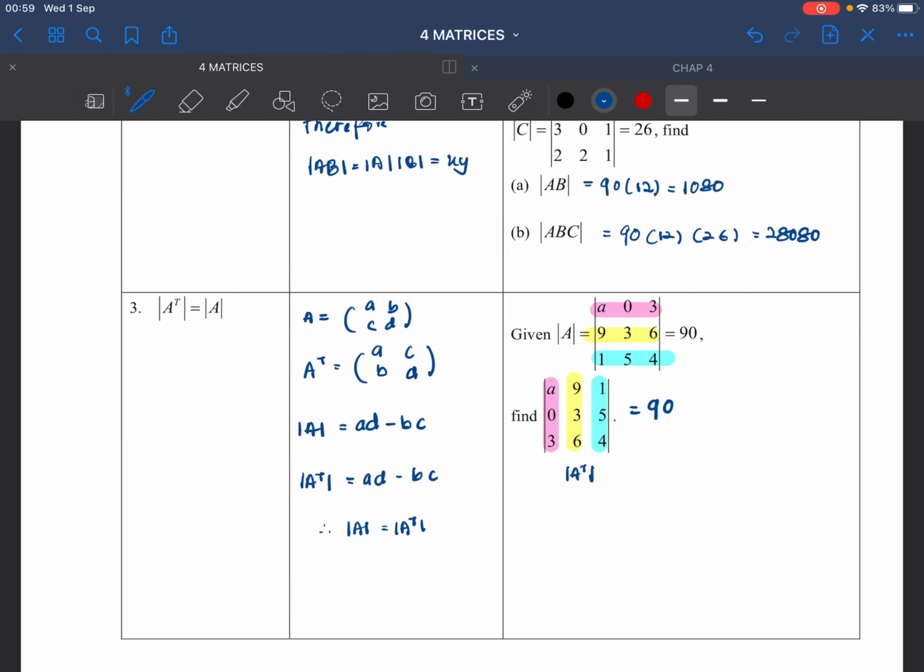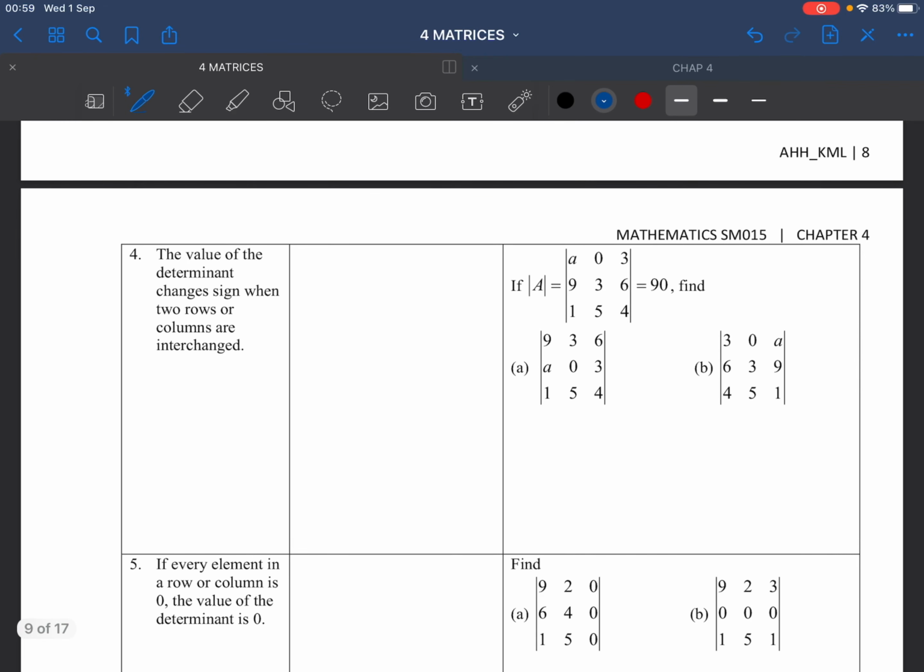Okay, next property: the value of the determinant changes sign when two rows or columns are interchanged. This one is easy. Let's say we have a determinant of A, B, C, D. If we swap to C, D, A, B, what happens is the determinant becomes negative. So the sign will change.